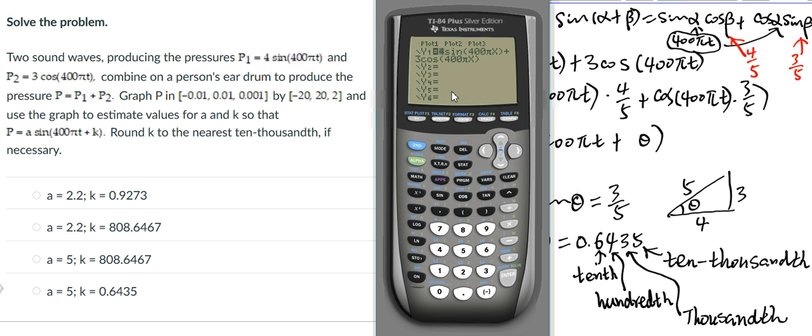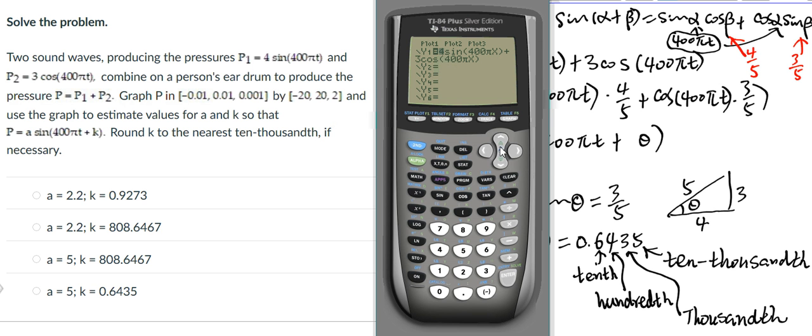You have a function: 4 sine 400 pi x, plus 3 cosine 400 pi x. It was 3 cosine 400 pi t, but that's not a problem. Here you use x instead of t, and that's fine.